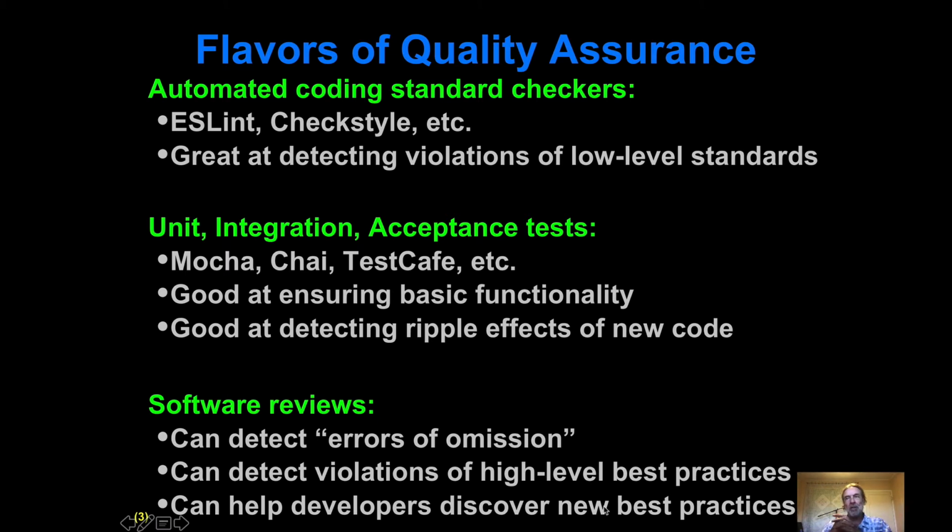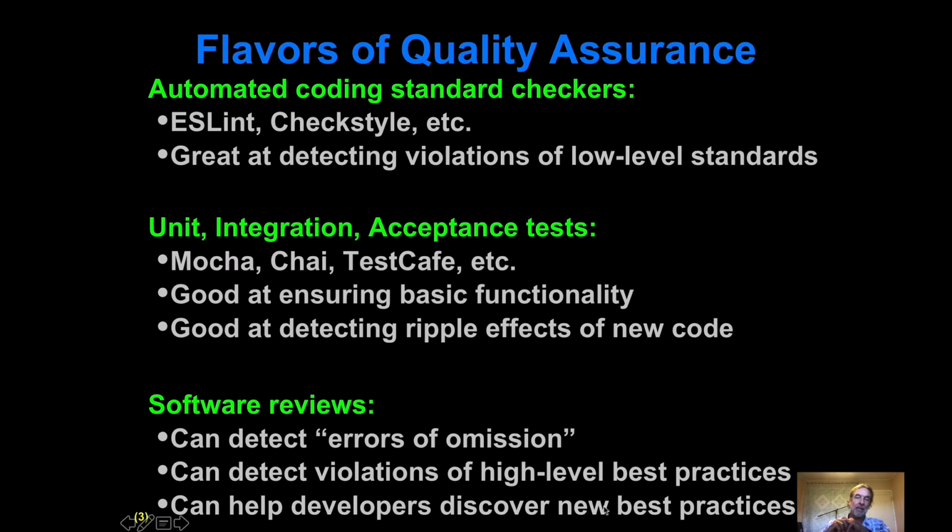We also need something that can help us determine, are we implementing the code in the best possible way? So an acceptance test or a unit test can determine that your code achieves the requirements, but it doesn't test to make sure you've done it in the most optimal way, the most readable way, the most maintainable way.